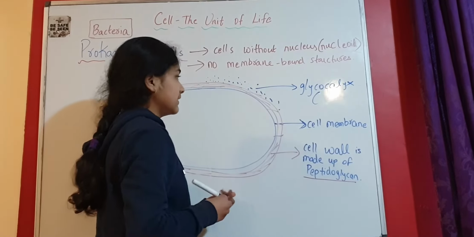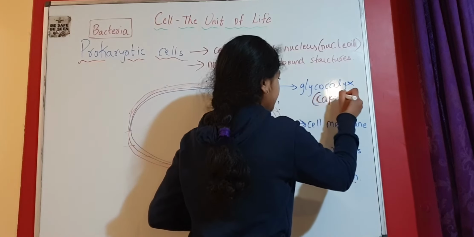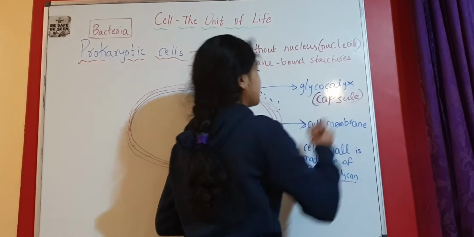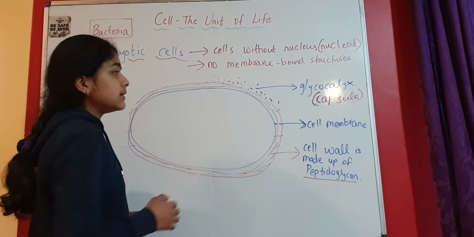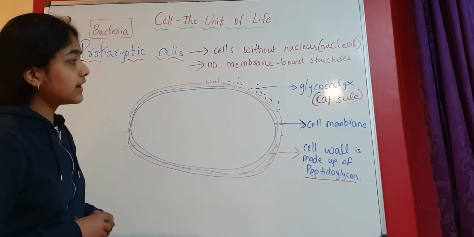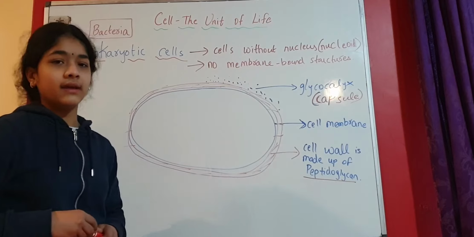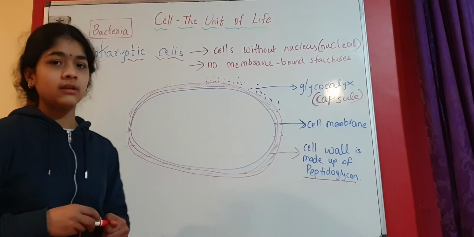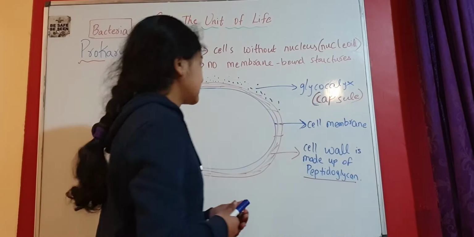There is one more name for this. This is called the capsule. So capsule or glycocalyx, two names for that. It's important to note that this glycocalyx or capsule is just present in some cells, not in every prokaryotic cell. So this is cell membrane, cell wall, and glycocalyx.